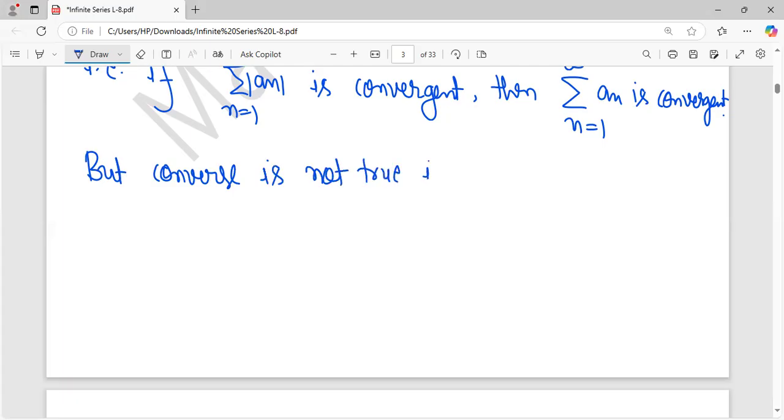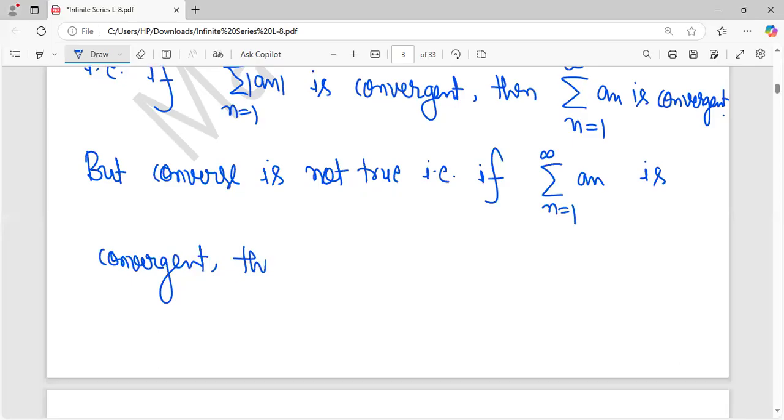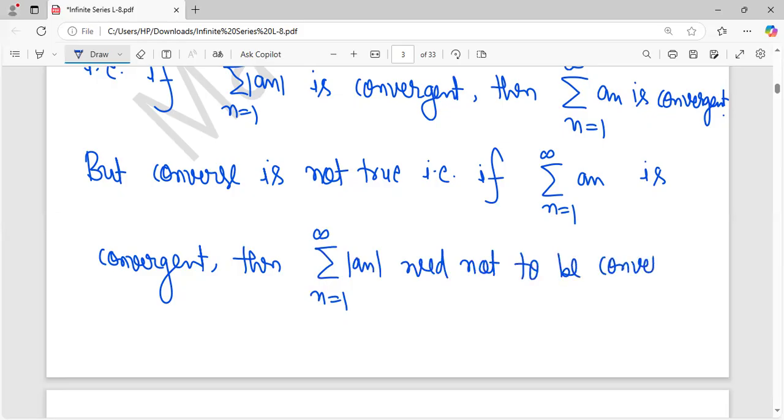It means if this series a_n is convergent, then this series of absolute values need not be convergent.